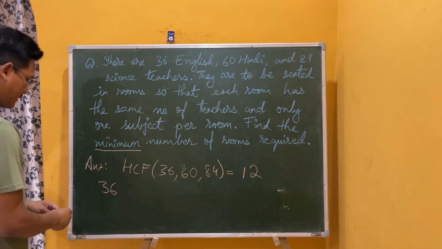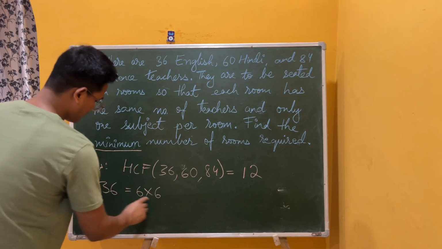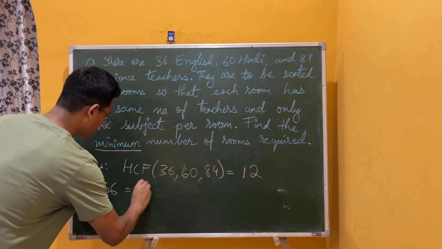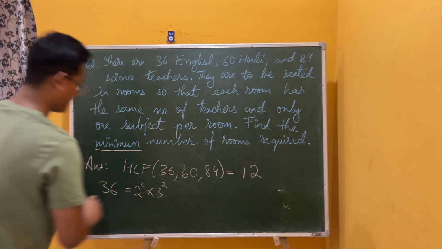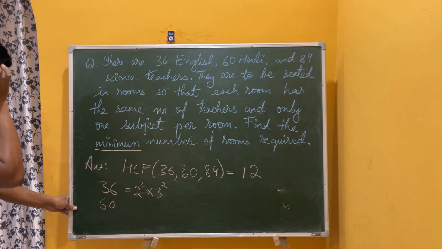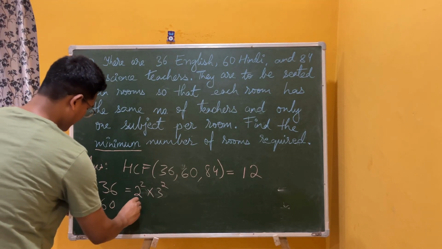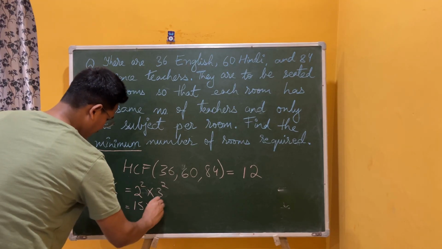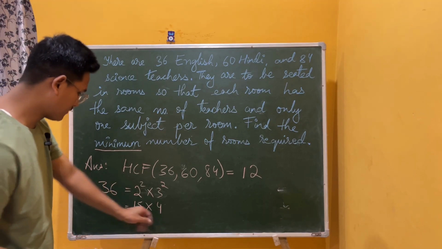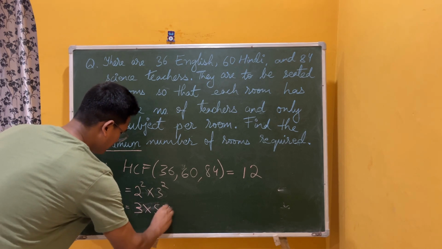Prime factorize 36. One of the factors of 36 is 6 into 6. 6 is 2 times 3, this is also 2 times 3. So 36 can be written as 2 square into 3 square. Similarly, 60: let's say 15 into 4 is 60. 3 5s are 15, so this is 3 into 5 into 2 square.